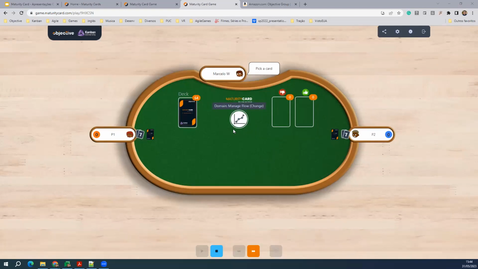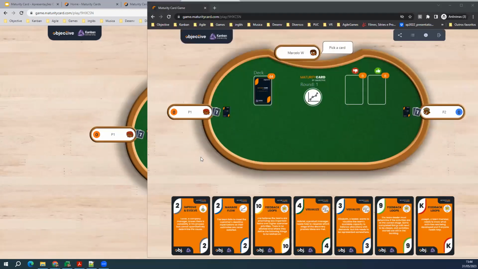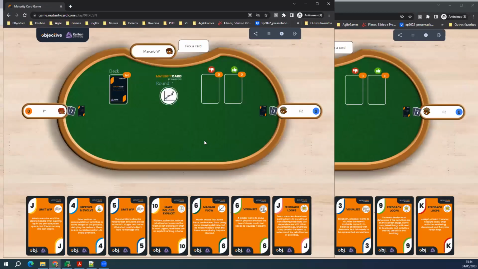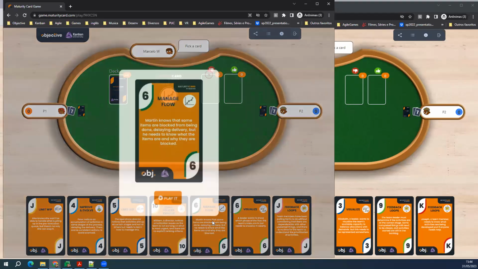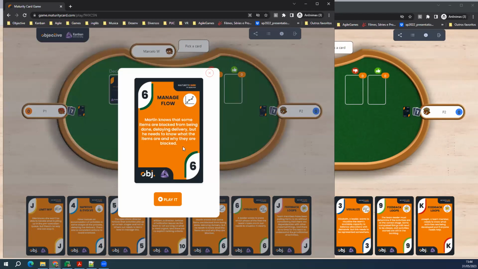So the idea is each of the players must select one card from manage flow. So I will try to check here. We have some from limit WIP, improve and evolve, limit WIP, make policy explicit, and here a manage flow card. So I will choose this one, and I will play as player one this one.